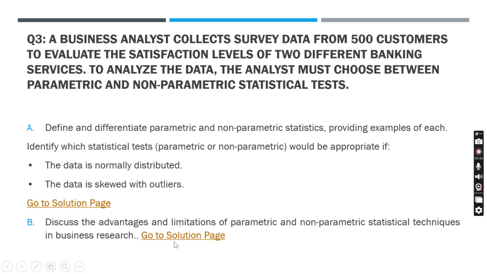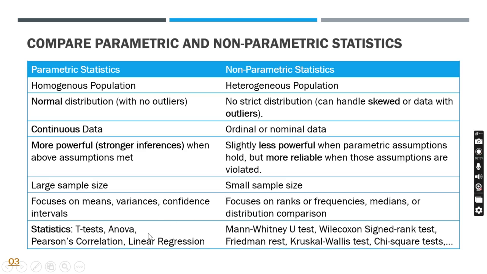And it says discuss the advantages and limitations of parametric and non-parametric statistical techniques in business research. Here you see the limitations. The parametric statistic fails when the data does not meet the assumptions. If the data is not normally distributed or it has outliers, you cannot use parametric statistics.